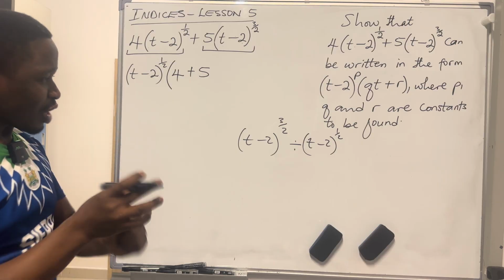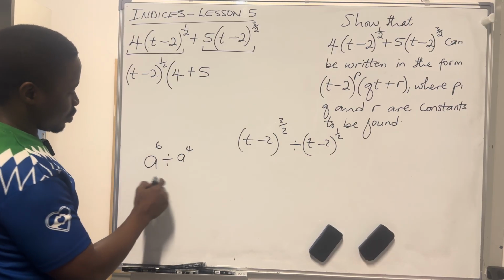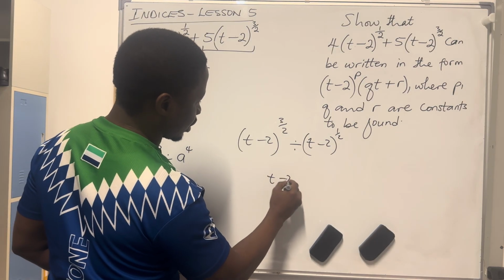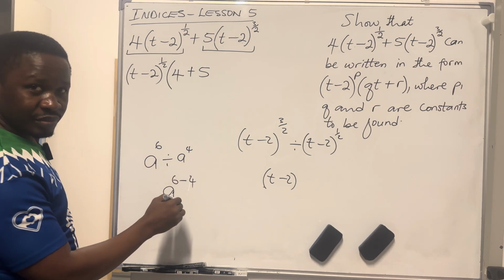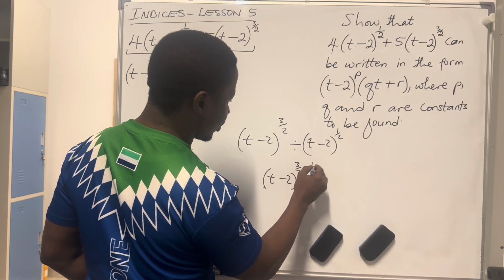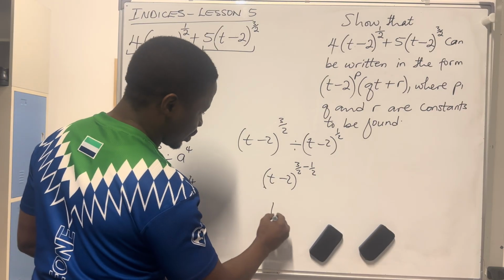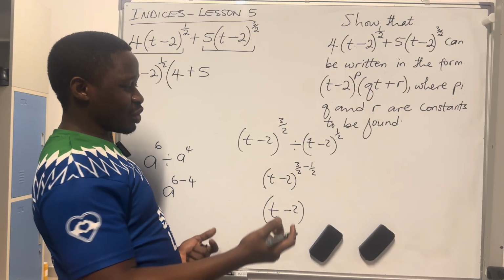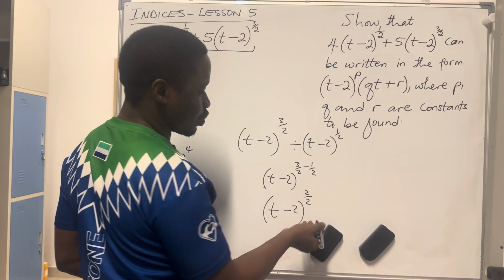Is that clear? So when usually we have a to power 6 divided by a to power 4, the same basis will take 1. Because of division, we subtract 3 upon 2 minus half. I hope it is clear. So T minus 2, the denominators are the same. So just say 3 minus 1 is 2 over 2.